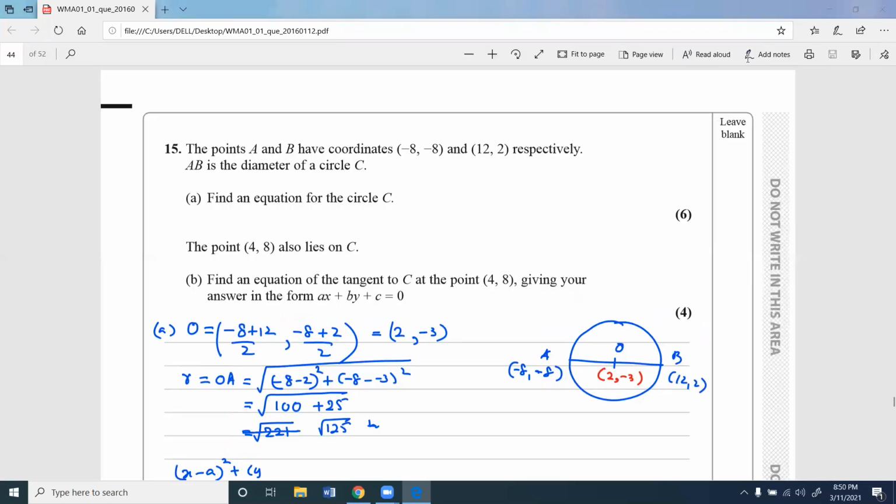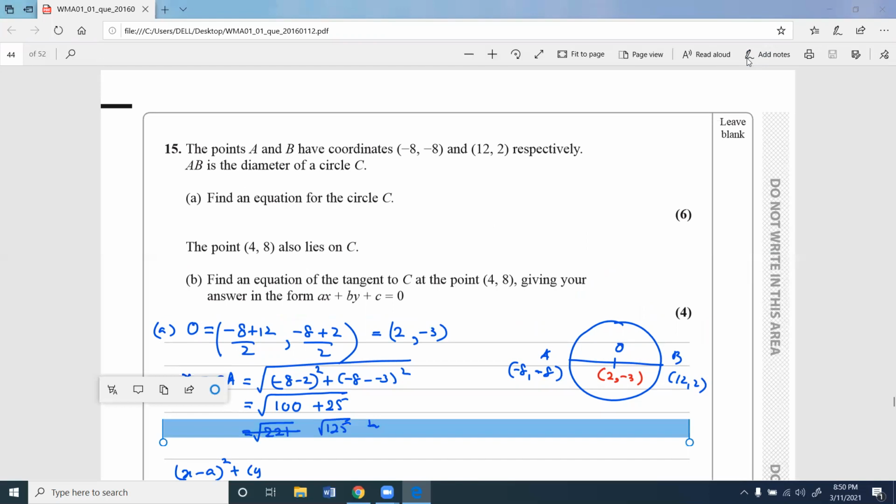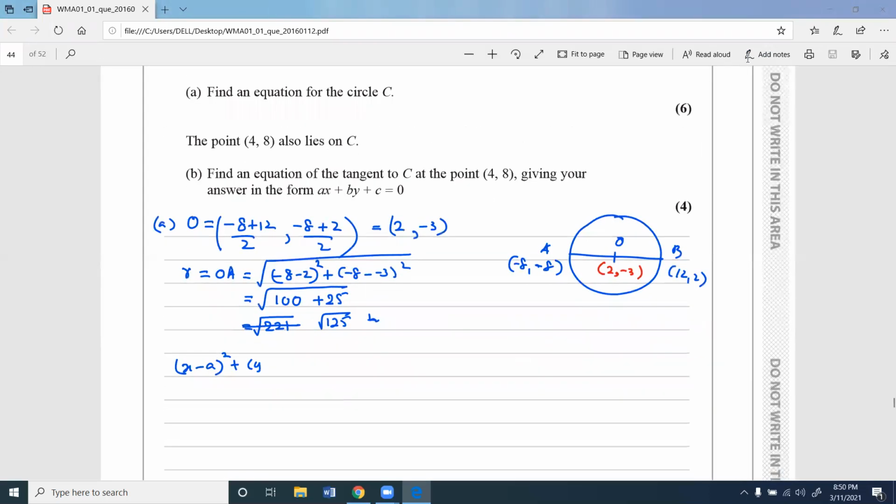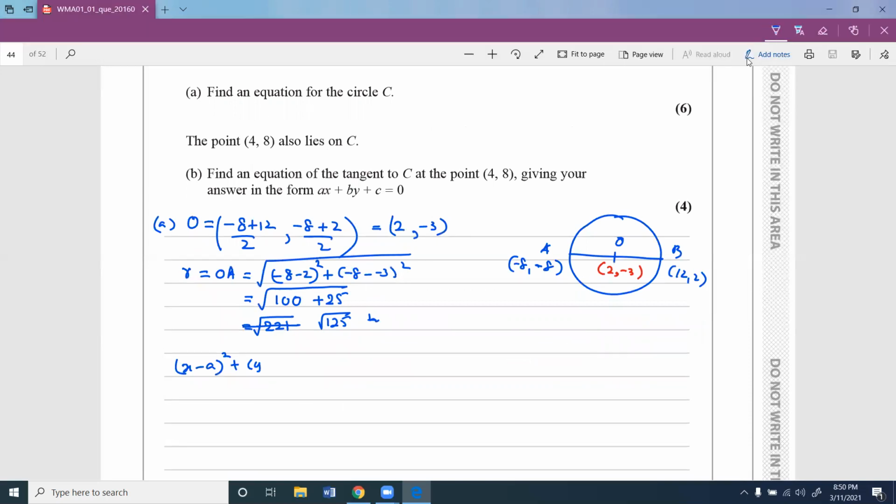That is the equation of a circle with center a, b and radius r. So you can say x minus 2 squared plus y minus minus 3 squared equals the square root of 125 squared.